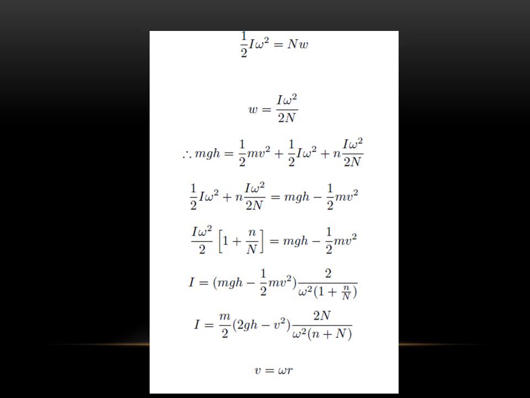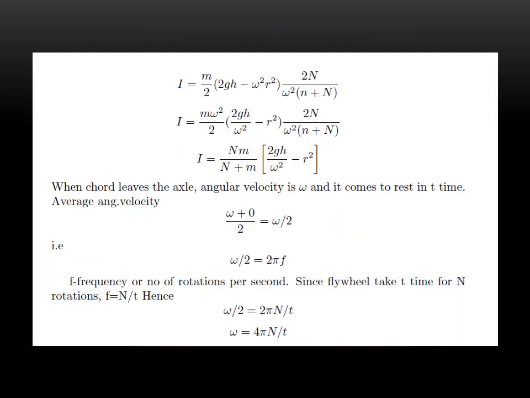But we know linear velocity v is equal to omega r. So I is equal to m by 2 into 2gh minus omega square r square into 2N divided by omega square into N plus n. Cancelling the terms and rearranging, what we get is I equal to nm divided by N plus n, into 2gh by omega square minus r square.